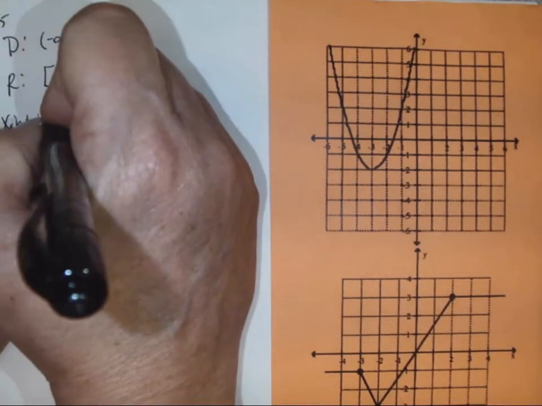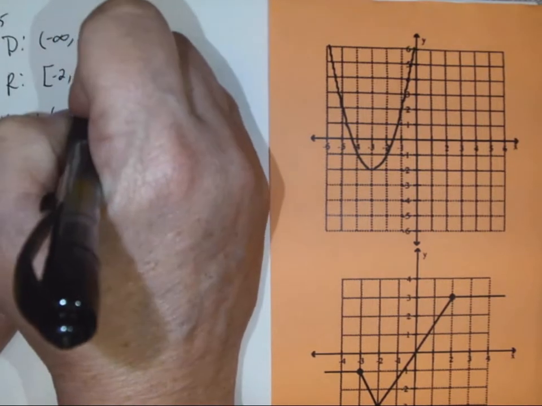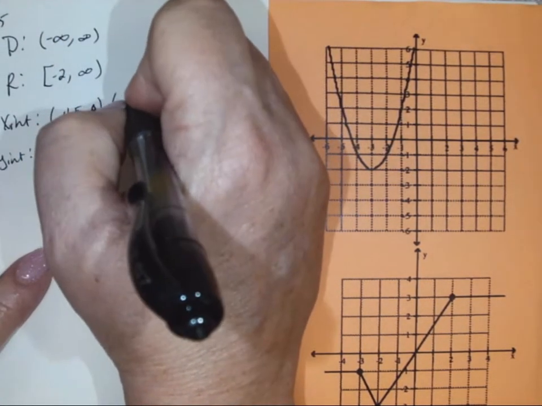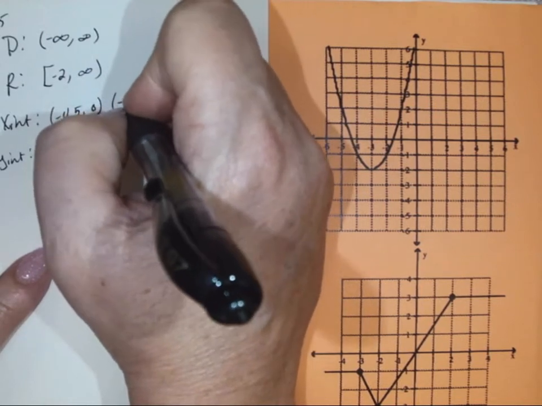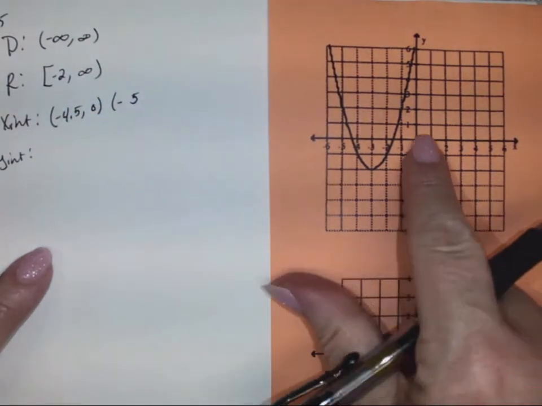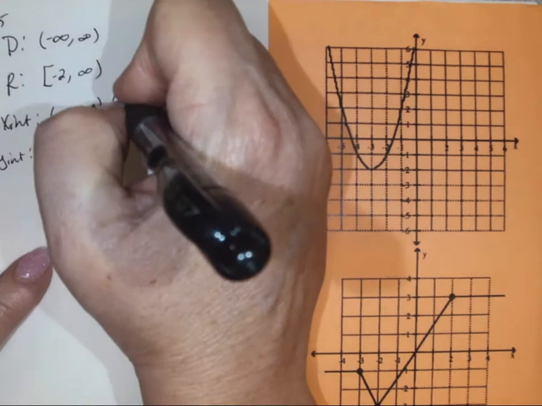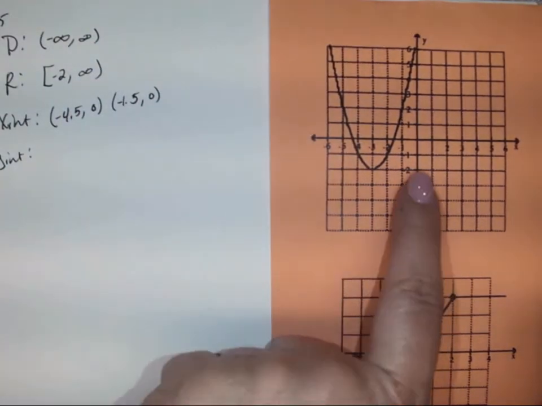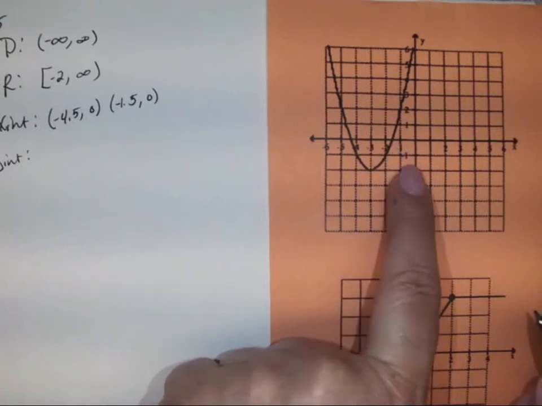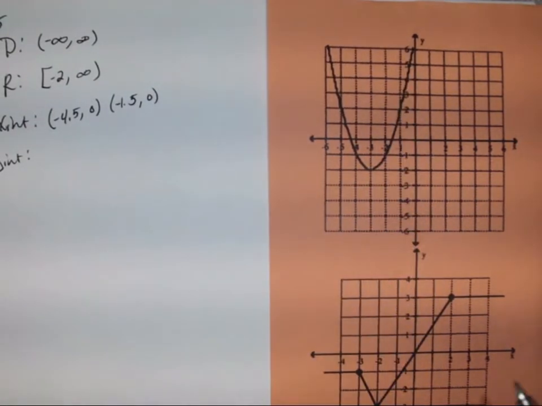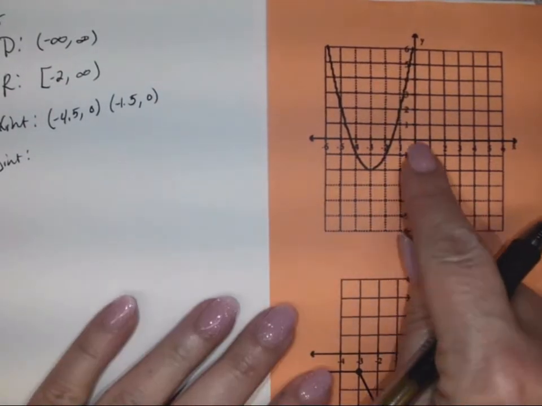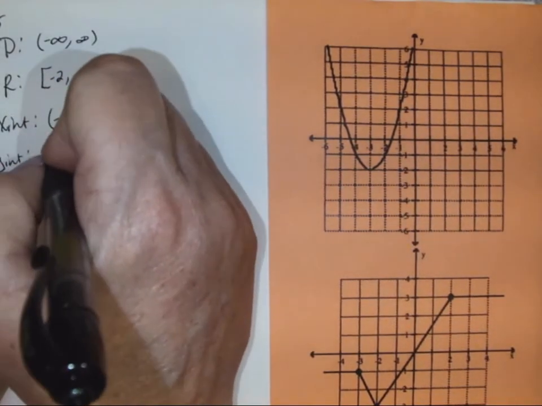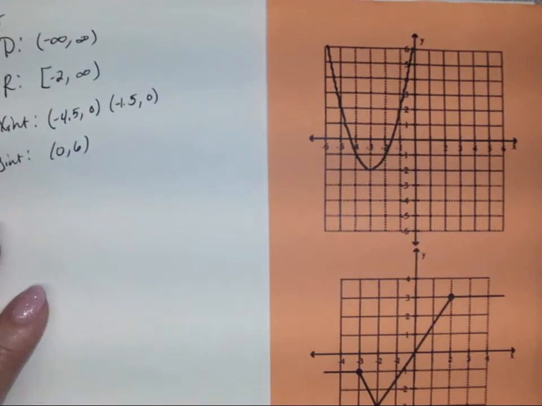So it'll be -4.5, 0, and -1.5, 0, because it's about 1.5 right there, because here's our axes right there. Our y-intercept is way up here. We're going to call it at the top that it is at 0.6.